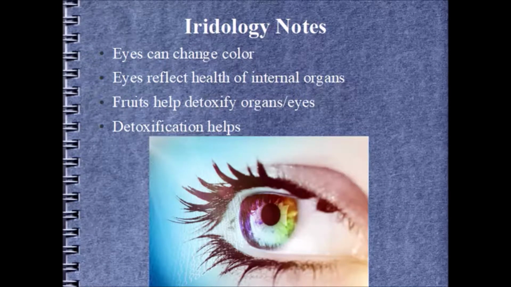So when your organs are sick or very toxic, that will show up in your eyes. Fruits help detoxify the organs in the eyes, and detoxification in general helps. Once again, your eyes can change color. So if you eat good foods such as figs or watermelons or other fruits, it'll eventually detoxify your system and your eyes could change color.